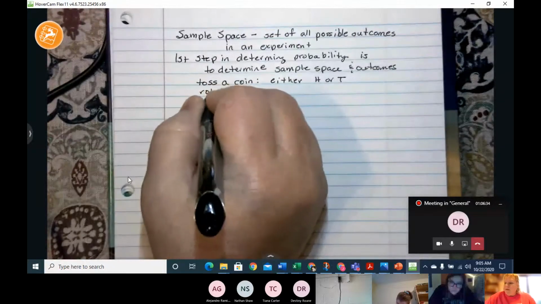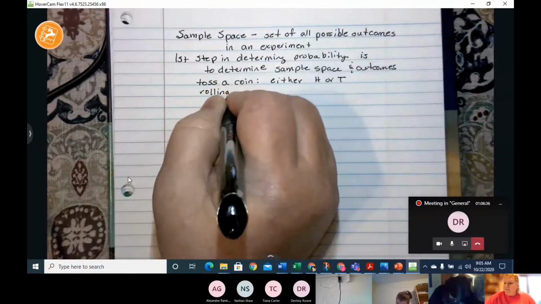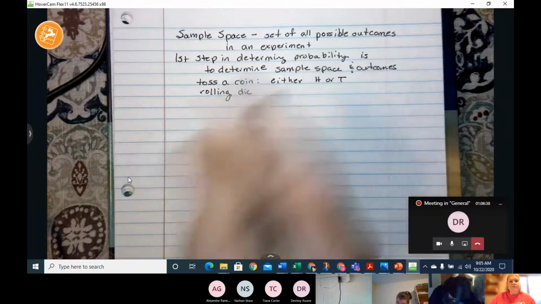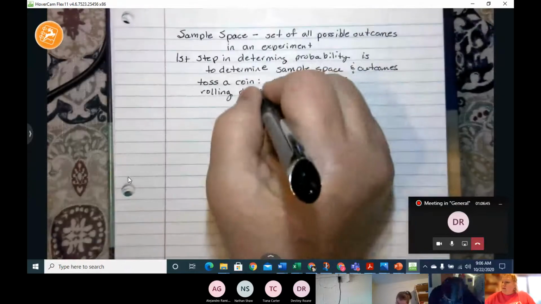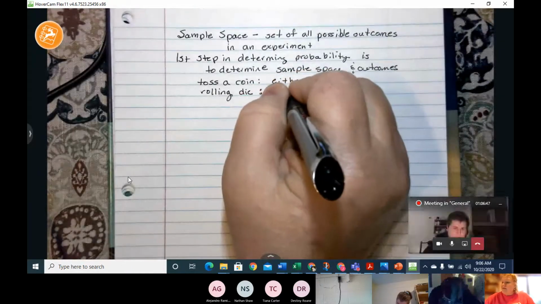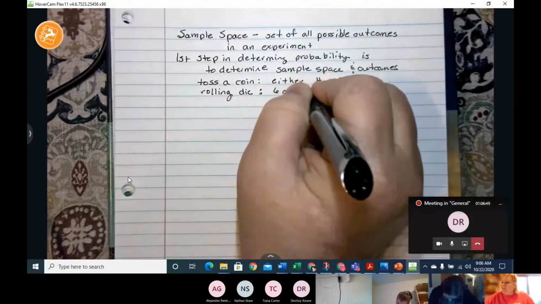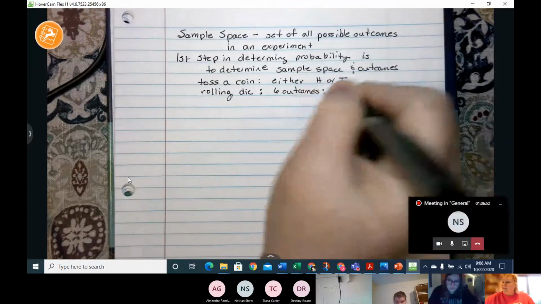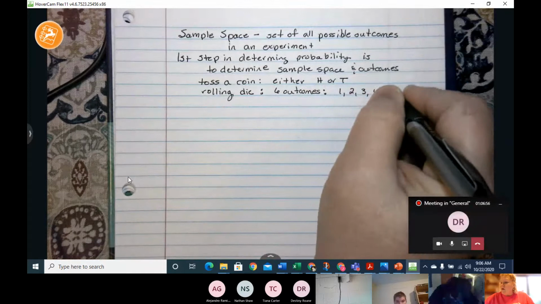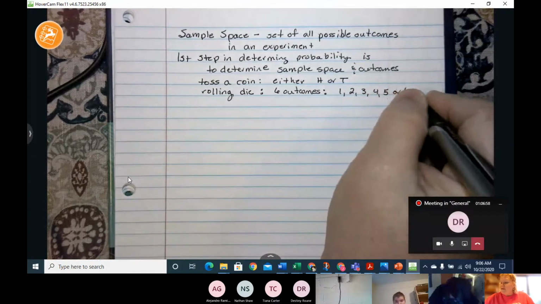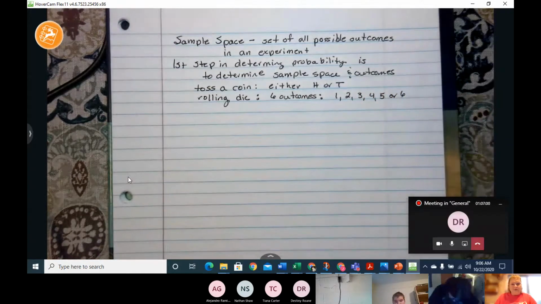If we were rolling a die, and remember, if we were rolling 2 die, we would call that dice, there would be 6 outcomes: a 1, a 2, a 3, a 4, a 5, or a 6. We've already talked about those 2 particular types of experiments.